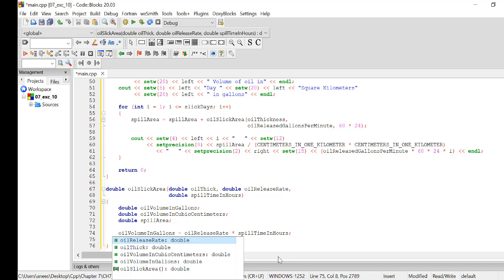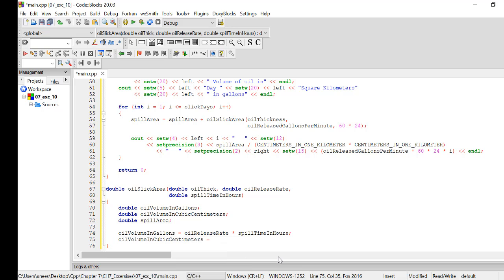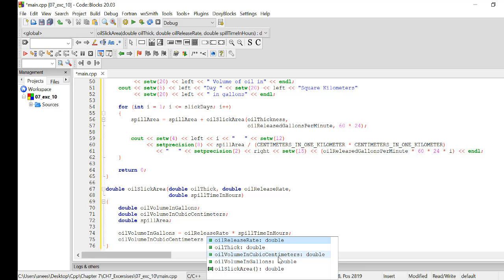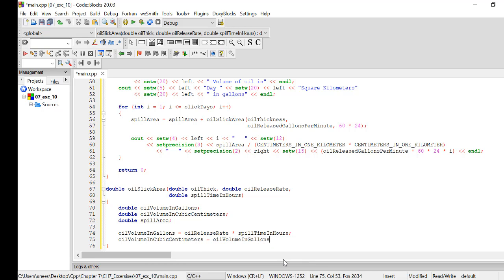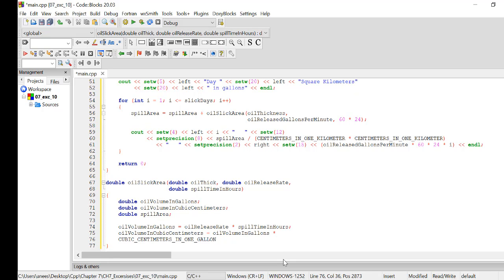After that, you can write in oil volume in cubic centimeters is equal to oil volume in gallons times cubic centimeters in 1 gallon.